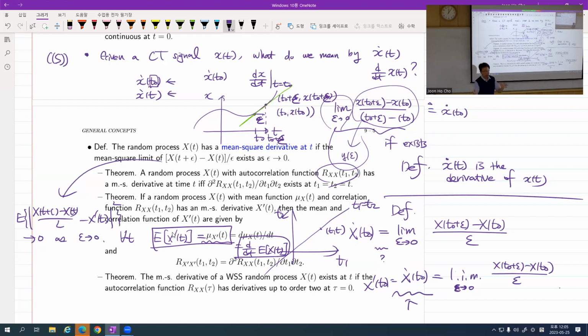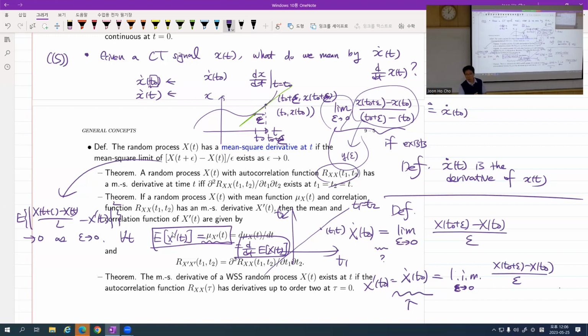Especially, you can change the order of summation, integration, and limit, and similar things happen with the derivative. So under this condition, you can find the expectation of the derivative by computing the derivative of the expectation. So the existence of the mean square derivative is very, very useful.